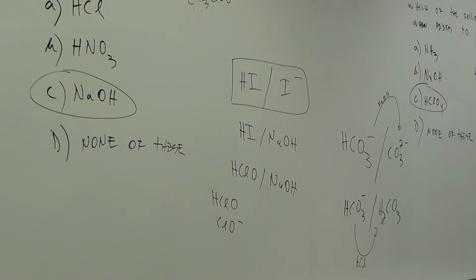Buffer capacity is the amount of acid or base that needs to be added before there is a significant change in pH. Open parentheses, 0.1 is a significant change in pH units, right? Of course.